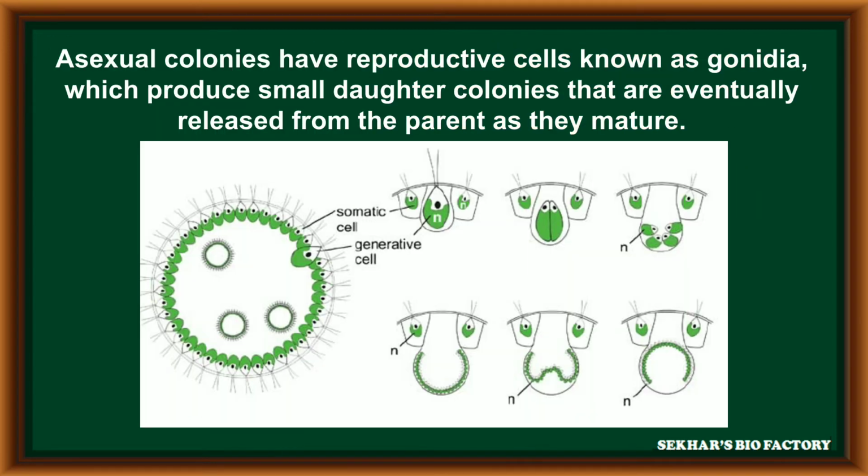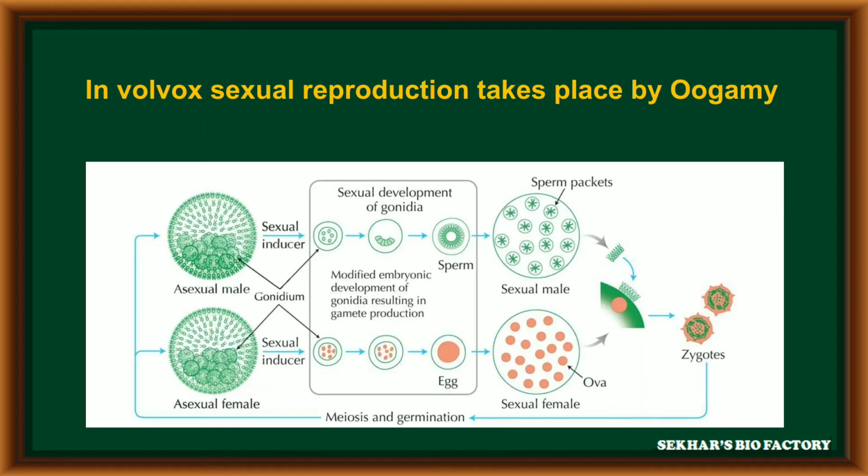Asexual reproduction takes place with the help of gonidia. Asexual colonies have reproductive cells called gonidia, which produce small daughter colonies that are eventually released from the parent after maturation. In Volvox, sexual reproduction takes place by oogamy.